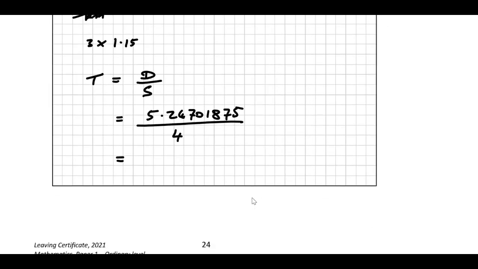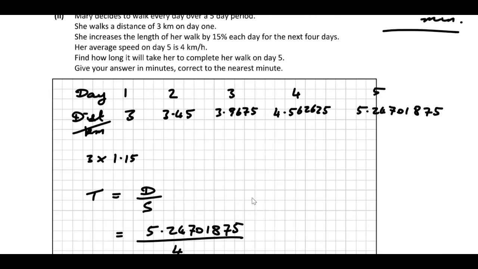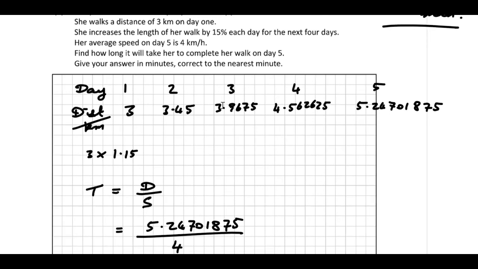So 5.24701875 divided by 4 gives me 1.311754688, and this is hours because we used kilometers and kilometers per hour up here.